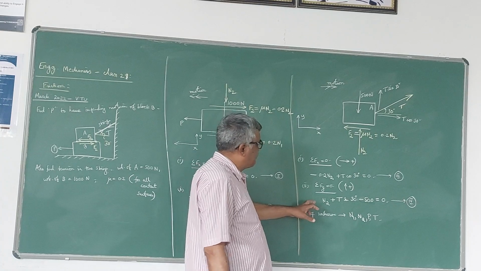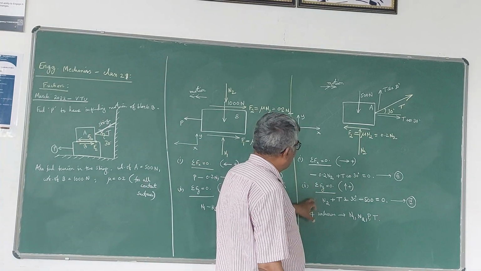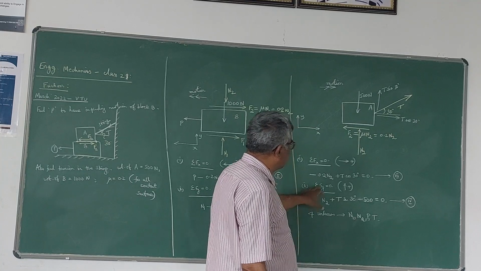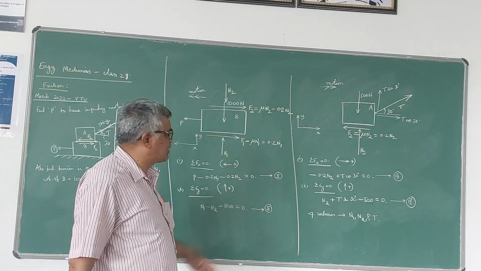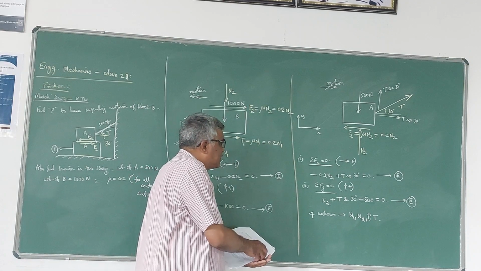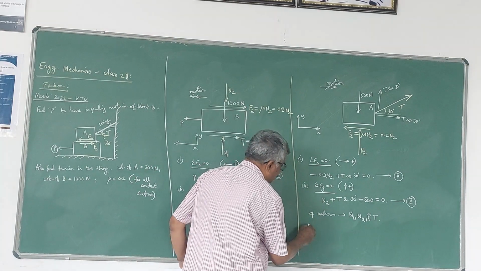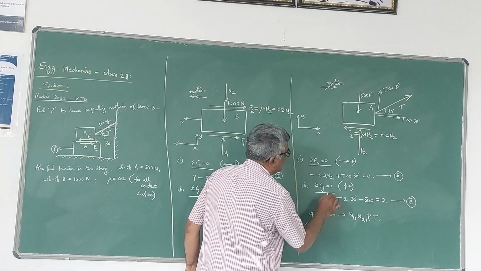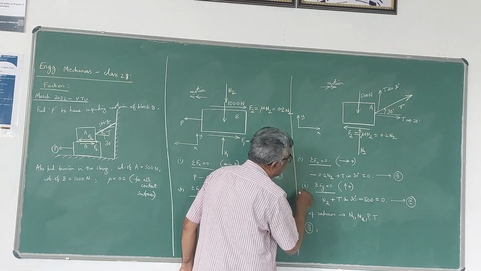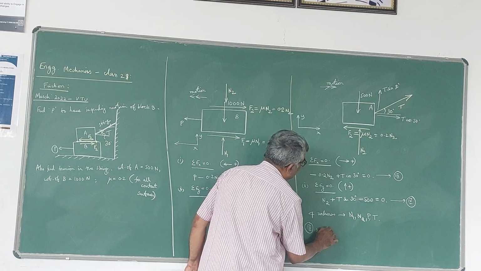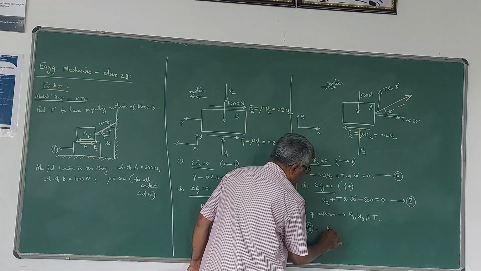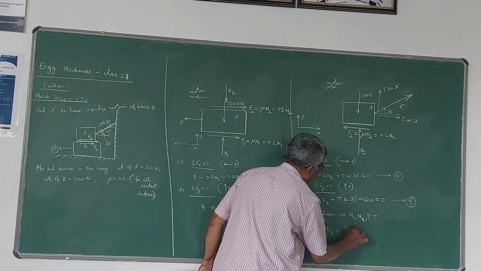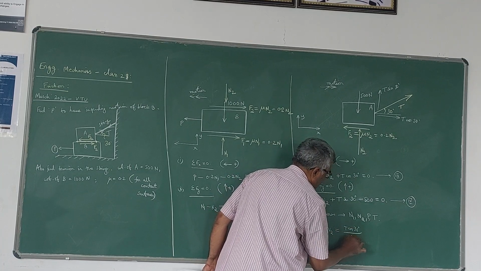Here, if you observe these two equations, N2 and T are the only two unknowns. We can solve these two simultaneous equations. The first equation, equation 3, can be written as N2 is equal to T cos 30 divided by 0.2.